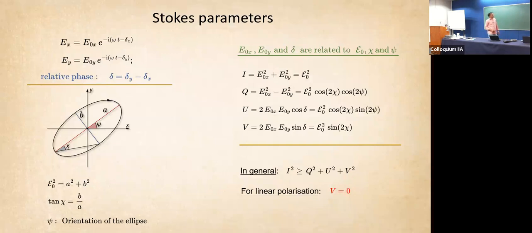In general, this is the relation satisfied by the Stokes parameters. The equality is strictly followed when the light is completely polarized. If it is unpolarized, then the intensity will be more than this. For the linear polarization, which is of interest to us, V is 0. The only relevant parameters are the Stokes Q and U parameters.